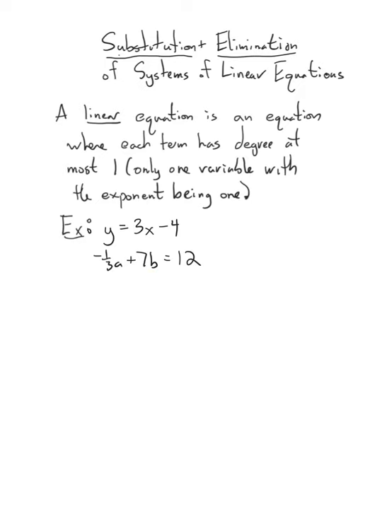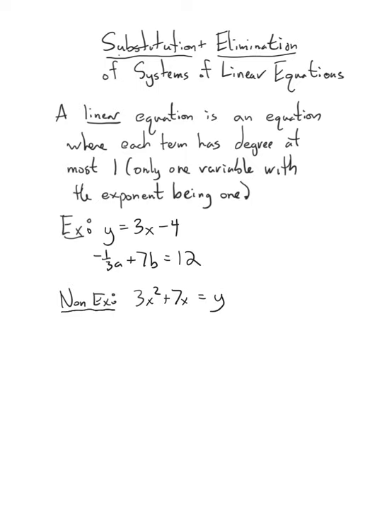Some non-examples, some ways this can screw up. Well, if you have something like 3x squared plus 7x equals y. There's an example of a non-linear equation, since you have this term here having an exponent of 2. So that violates the definition of a linear equation.